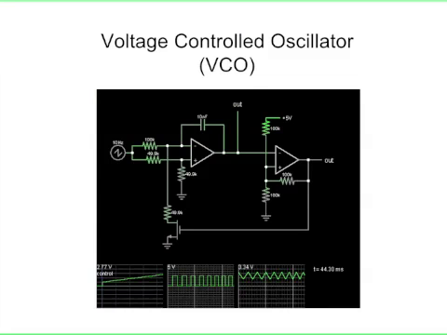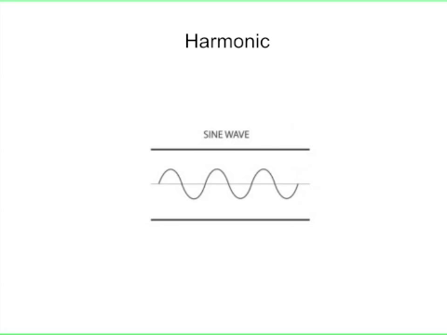A voltage-controlled oscillator, which is a typical oscillator, is just what it says. The voltage of electricity controls the oscillations of sound. There are a couple of different types of oscillators. The first one is called a harmonic oscillator.